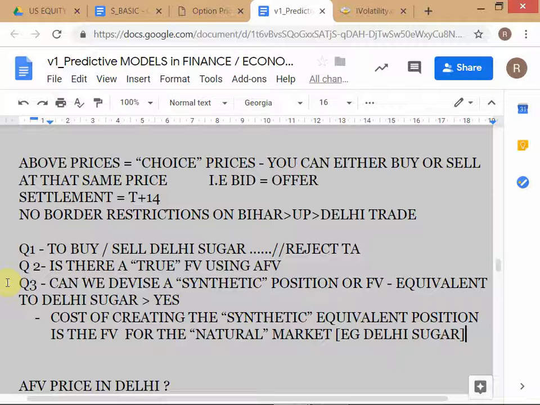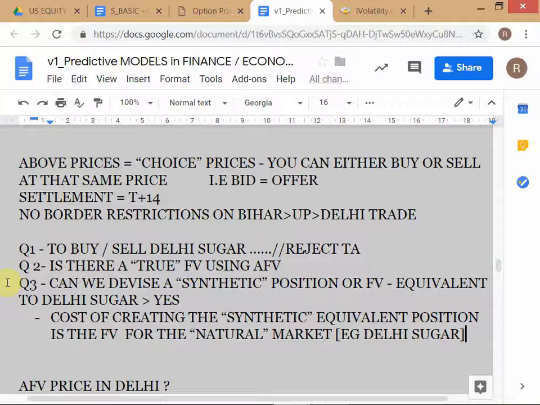Here, sugar is available in Patna for 45 rupees and transportation cost is 20 rupees. From that, you are trying to see if you can create a synthetic equivalent position to Delhi sugar, and you can create one at 65 rupees.